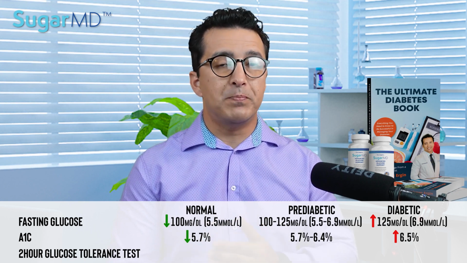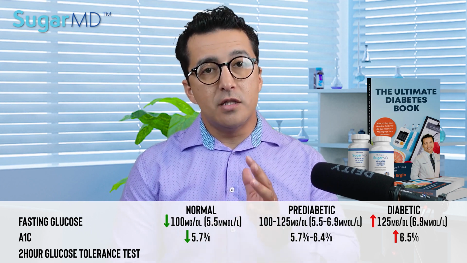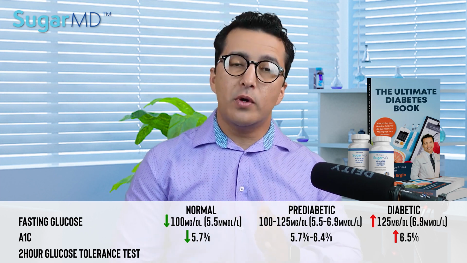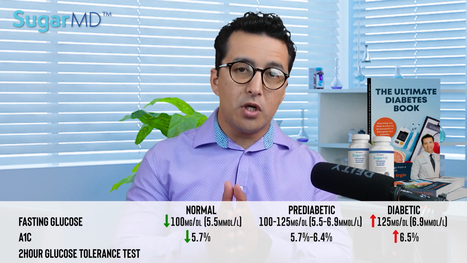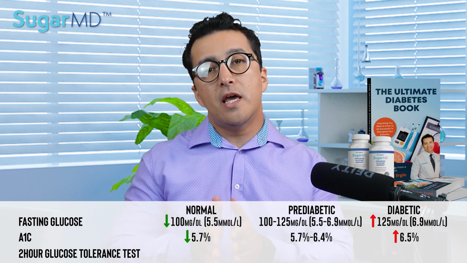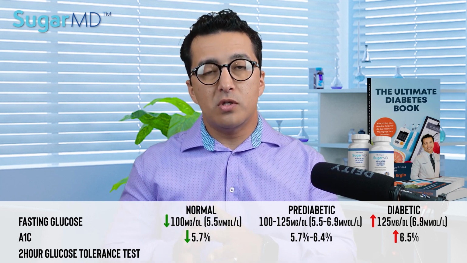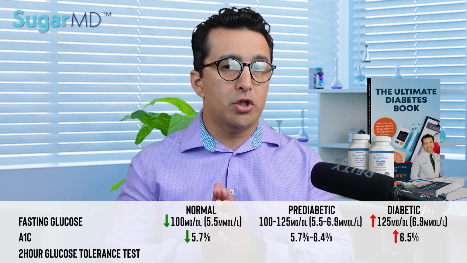Now when we look at the 2-hour glucose tolerance test, if you don't know what it is, you basically get a fasting glucose drawn, and then you drink a sugary drink, and 2 hours later we check your blood sugar again.